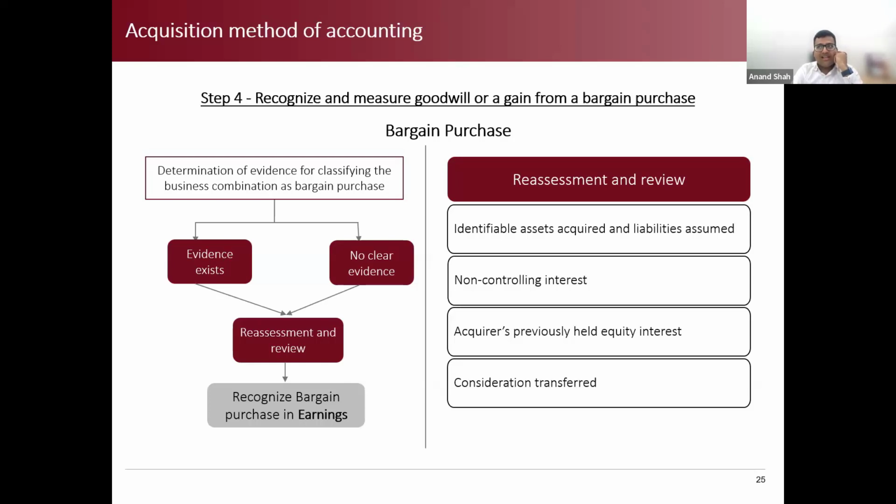What that means is, there can be times that there is, let's say, a particular machine lying in your factory, right? And if you hire a plant and machinery valuer, he'll look at the economic life of the asset, how much that machine is being sold at, what was the cost price, and all of those parameters, and give you a value. So say for example, the book value was 20 and the fair value comes to about 100. Putting that 100 will essentially mean that it is leading to a bargain purchase.